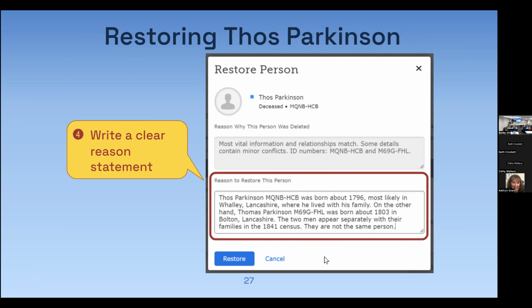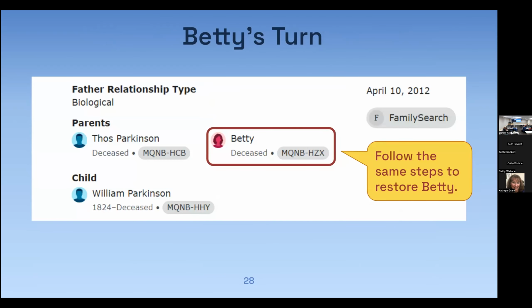And you notice that's not a real long reason statement. It's only four sentences, but it hits the high points of why I know these people are different and shouldn't have been merged. Once I do that, I hit restore and Thomas comes back.